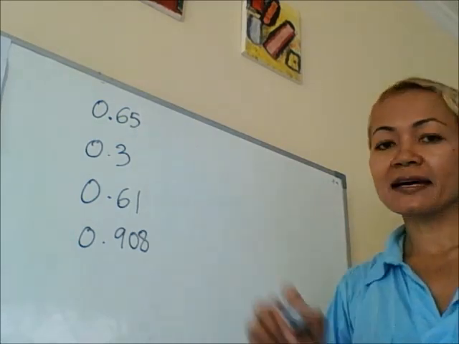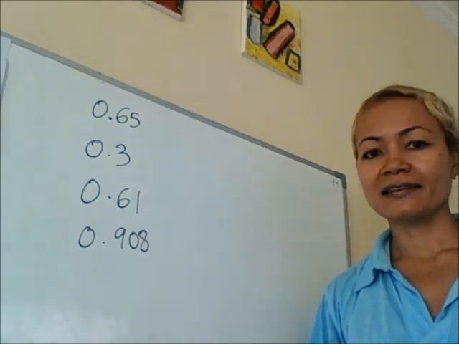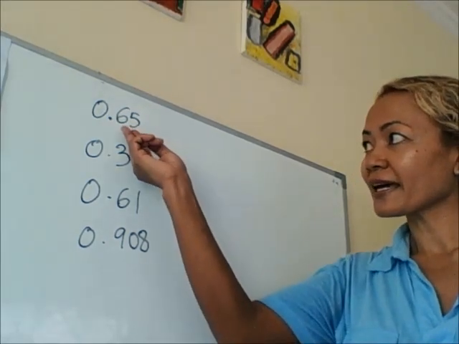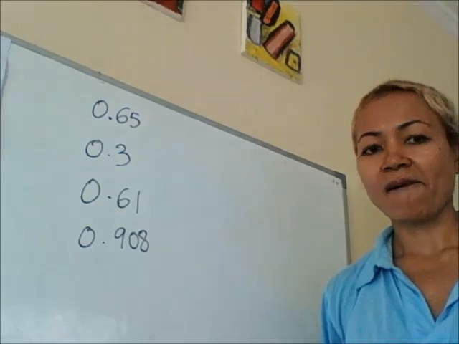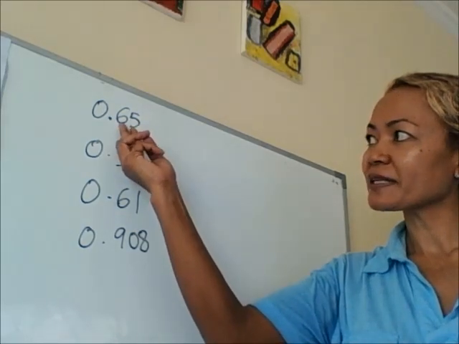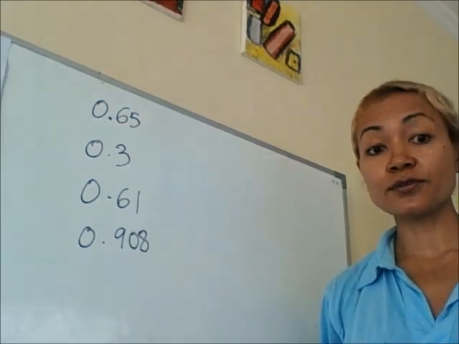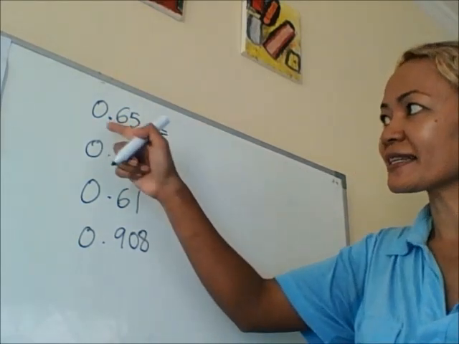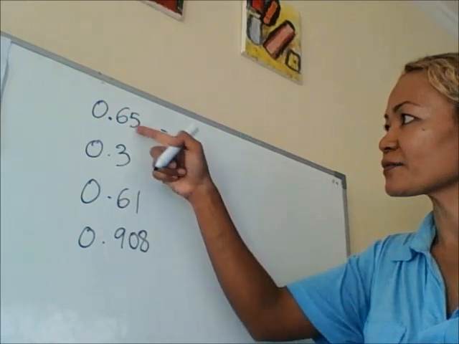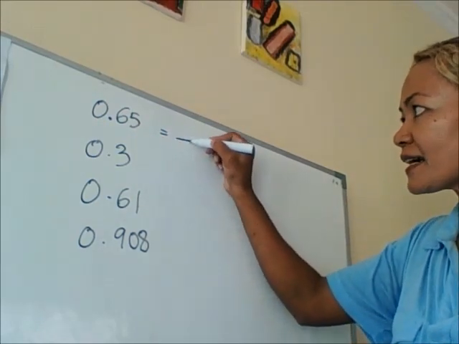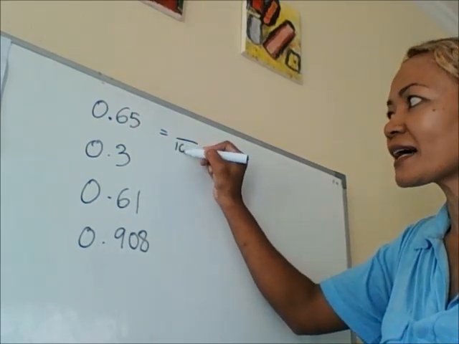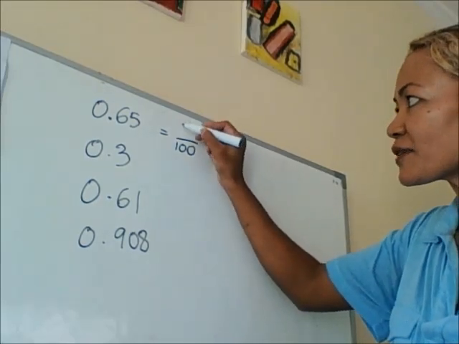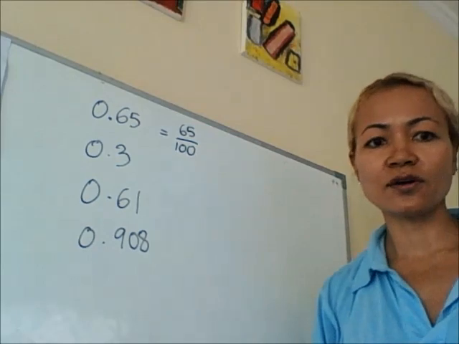Immediately you know the denominator will be a 1 followed by 2 zeros. See 2 places there that have been taken up, 2 columns, so 2 zeros. We see there's no whole number element there, so we're just tackling this. And you just put that number straight on the top. 65 over 100.